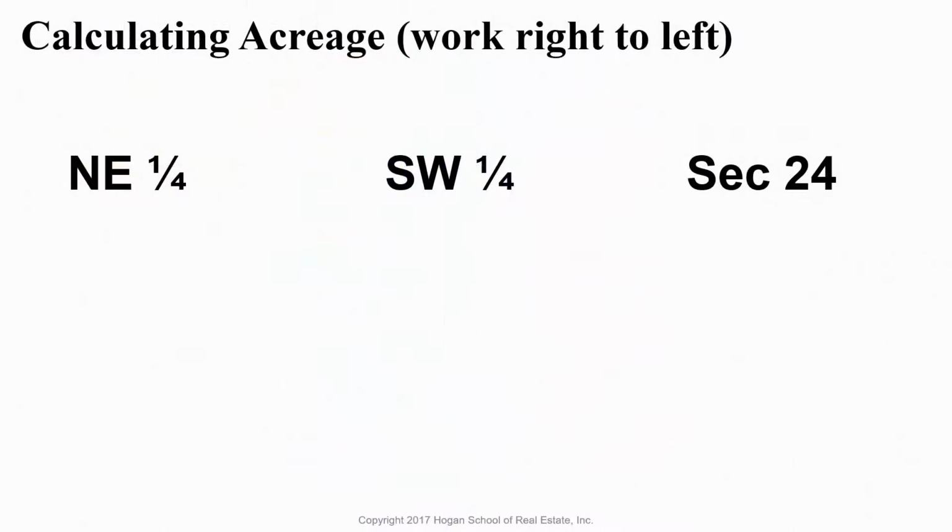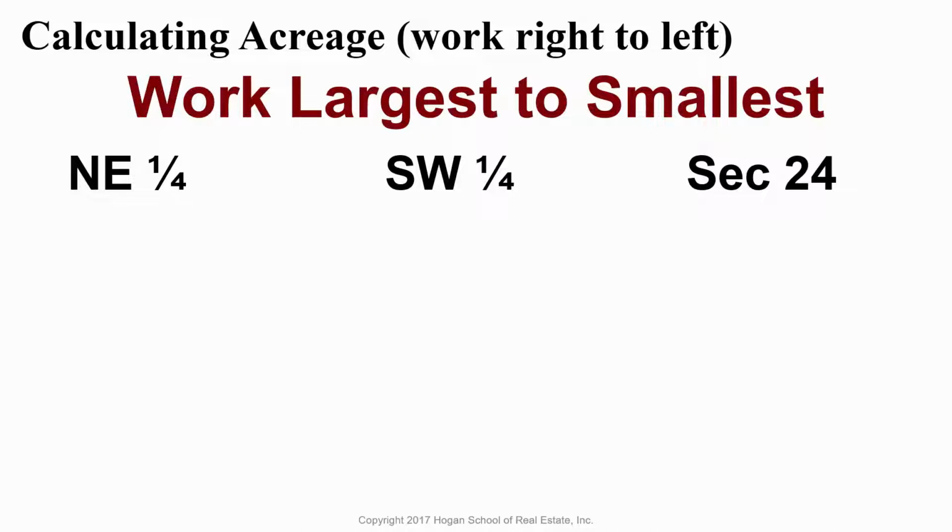Now let's talk about what you might be asked to do on the examination with this. First of all, you might be given a description, and asked to calculate the acreage. So to calculate any acreage, you want to work from right to left. You want to work from the largest parcel to the smallest parcel. So section 24 is the large parcel that we're starting with, and that contains 640 acres.